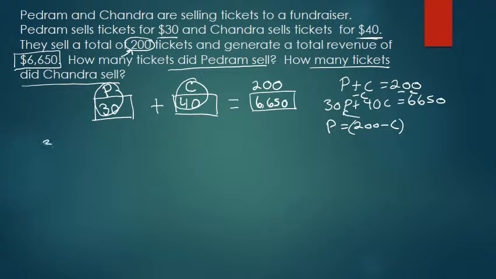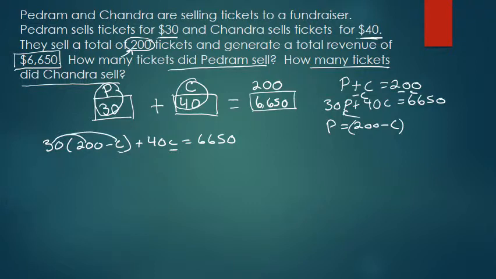So I get 30, and do not forget your parentheses, otherwise it will throw your answer off if you forget to distribute, plus 40C equals 6,650. Now a quick reminder, if at this step you have different variables, then you've made a mistake on how you substituted. Notice here I have only the C variable, so that's an indication I've done something right.